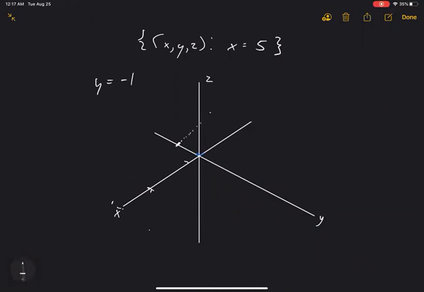I can go off in this direction, and the y-coordinate is still -1. I can go off this way, and then vertically, and I can go off to the right and then vertically to get to that point, and so on. So again, I have a plane, this time passing through y equals -1.